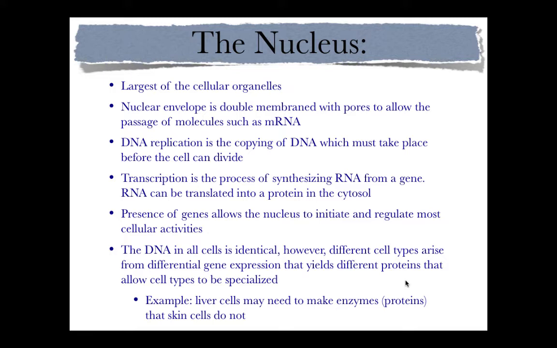But remember Dolly the sheep? Boy, Dolly, that might have been before you guys were born at this point. What was the significance of that? Hey, we cloned a sheep. Yeah, what cell? A somatic cell. Not a germ cell. Not a cell that's normally involved in reproduction.